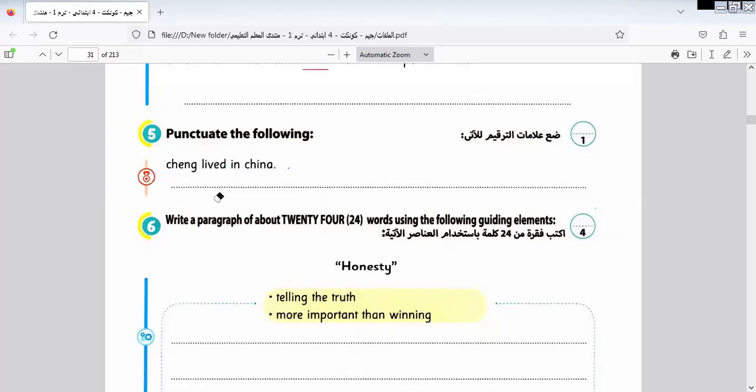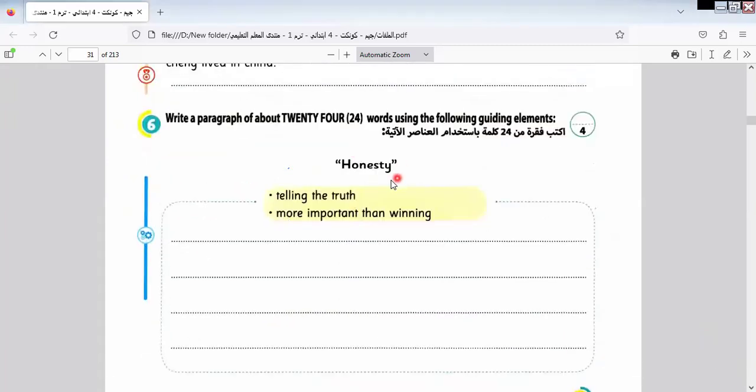Here we write 24 words about honesty. Here we define honesty. Honesty means the one who doesn't tell a lie. Honesty is a good value that must be in every person.